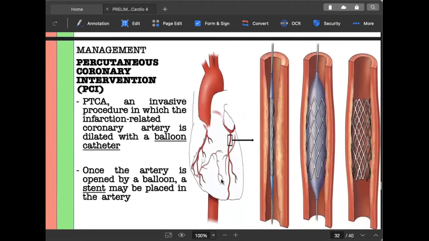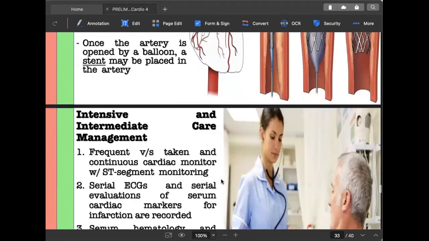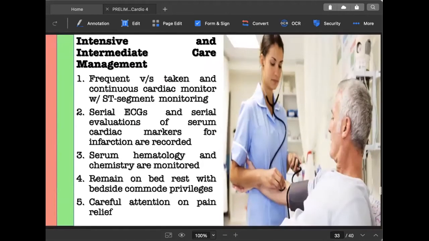Another thing, we have your percutaneous coronary intervention, your PCI. You already know this one. It is an invasive procedure in which the infarction-related coronary artery is dilated with a balloon catheter. These are actually self-explanatory, so just read this.